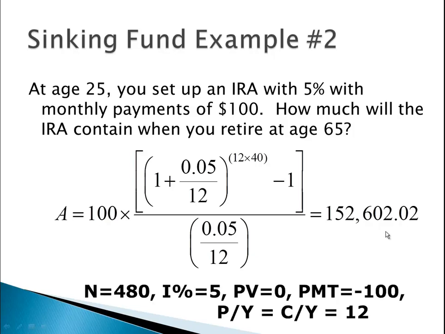Now, if you want to use the finance feature of your calculator, here are the numbers that I'm putting into it. Just remember, to access it you would press APPS. If you have an 83, an older version, you might see finance there instead of apps. I press the apps key, click on finance, and then TVM Solver. That's what we're using. Once you're in TVM Solver, this is what you type in.